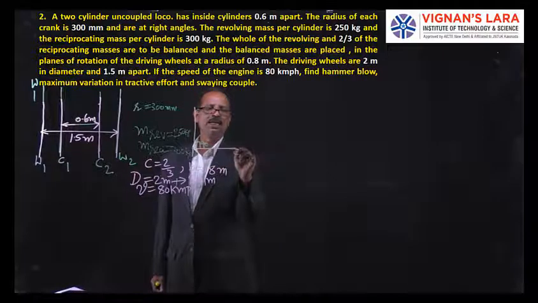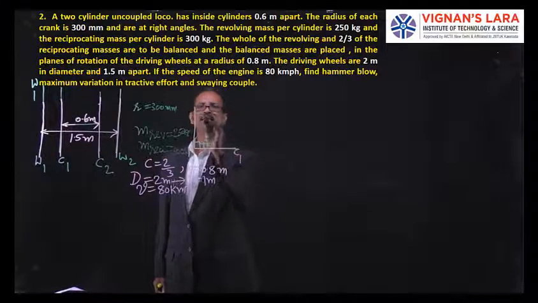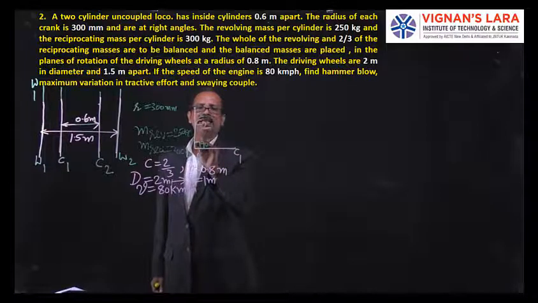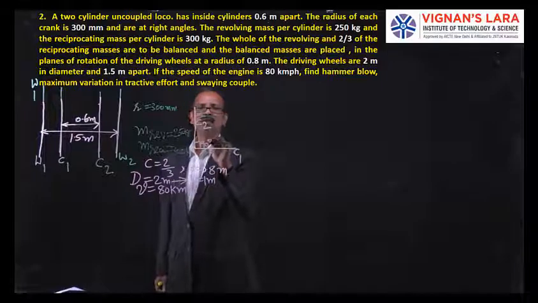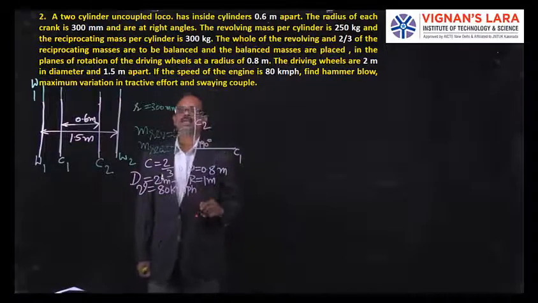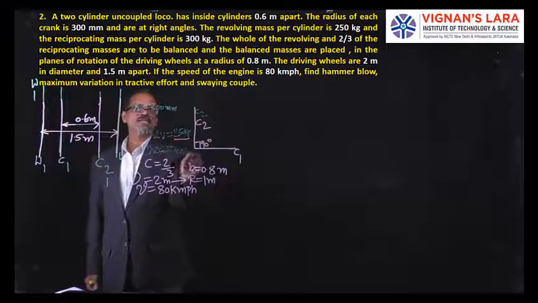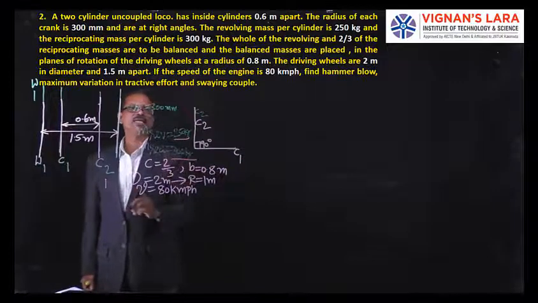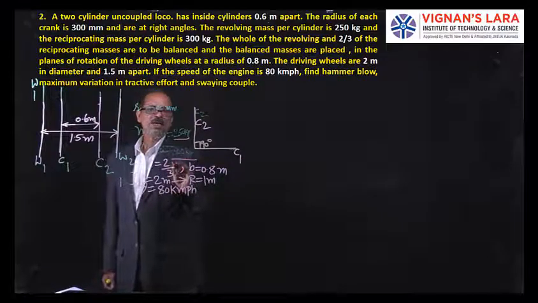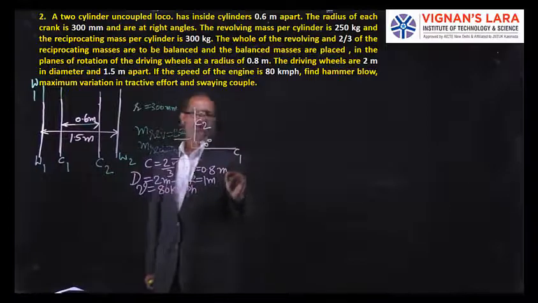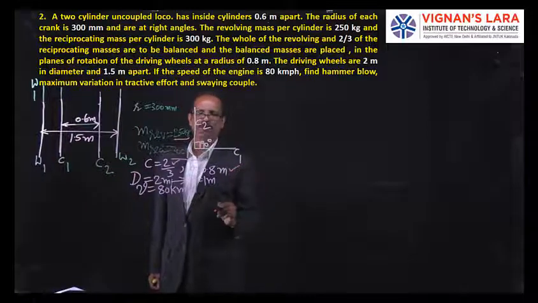So if one is at 0 degrees, the second one is at 90 degrees. The revolving mass is 250 kg, the reciprocating mass is 300 kg, 2/3 of the reciprocating mass is to be balanced, and the balanced mass is to be kept at 0.8 meters.